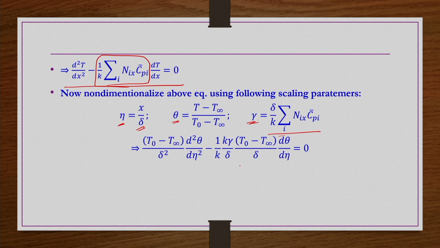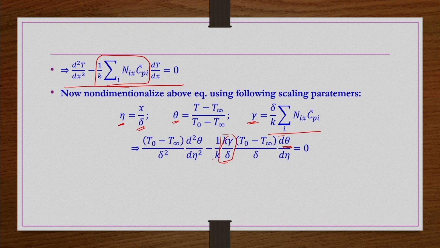Then minus 1/k times Σ N_ix C̄_pi, which is nothing but γk/δ. Then dT is nothing but (T0 − T∞) dθ, and dx is nothing but δ dη, equal to 0.